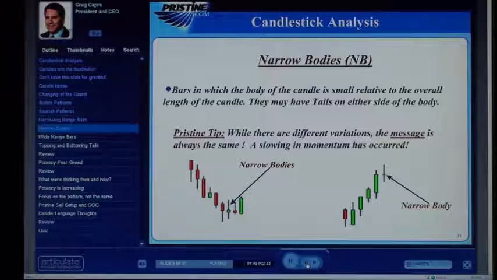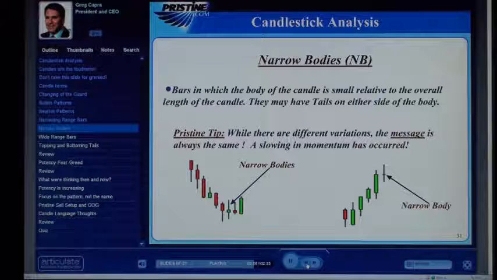Now we need to see if prices will trade above that candle's high. As we covered in that static slide of the green candle and the red candle, we said that the high of that candle is going to be resistance. So the next question becomes, can it trade above that candle's high? With the image on the right, we just have a narrow body. So the message is that while momentum slowed down, we don't know what's going to happen next.